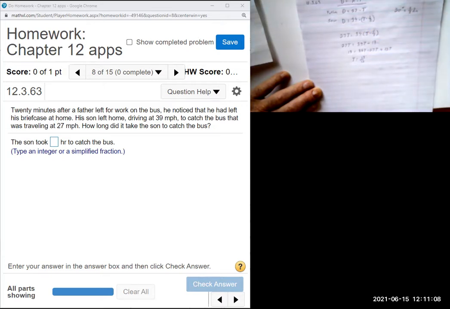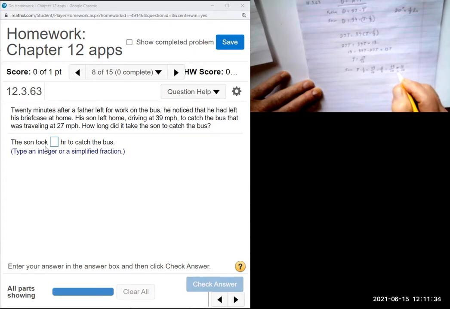The question says how long did it take the son? The son took less time. So the son's time is t minus a third. So that's 13/12 minus a third. Getting like denominators, a third is equal to 4/12.